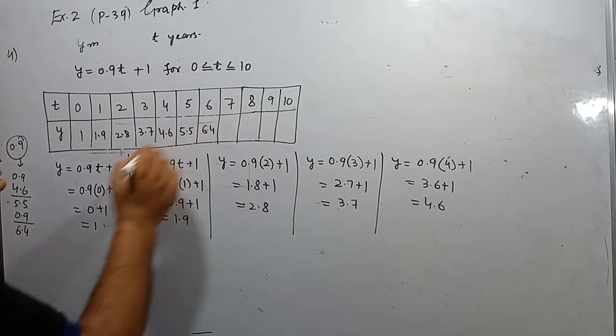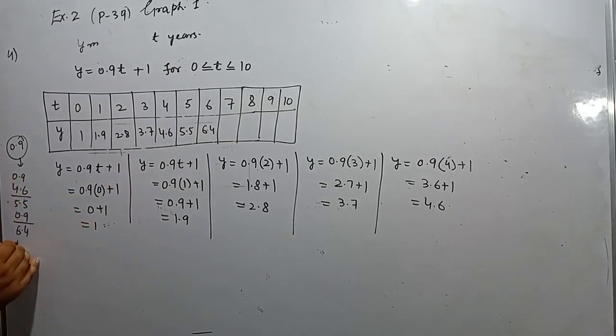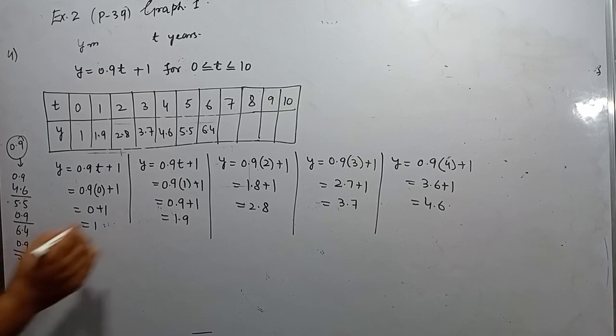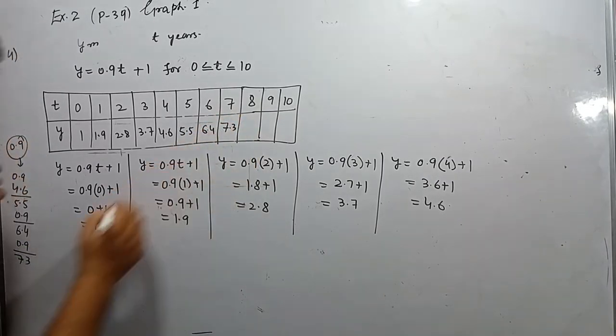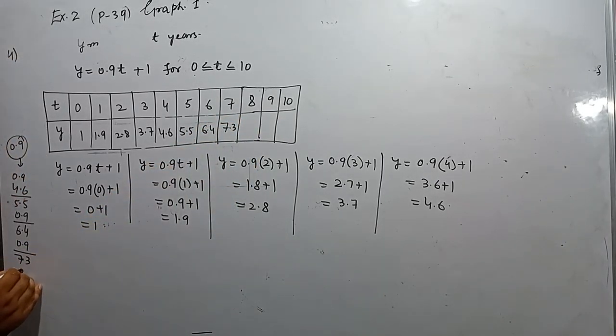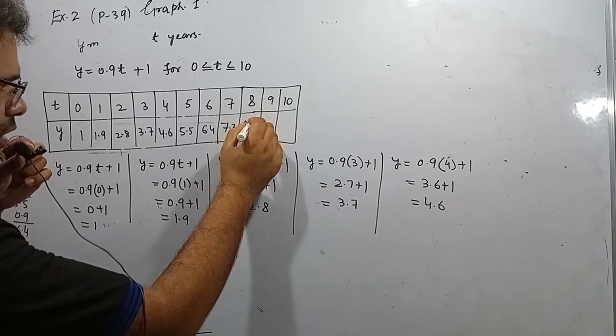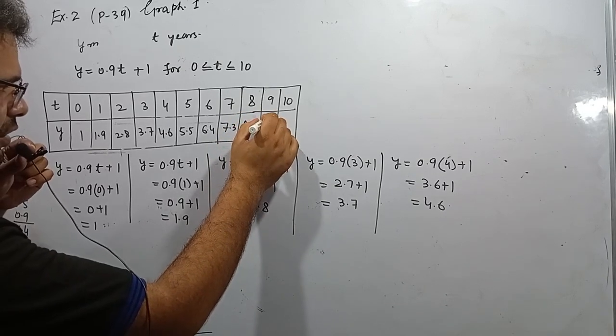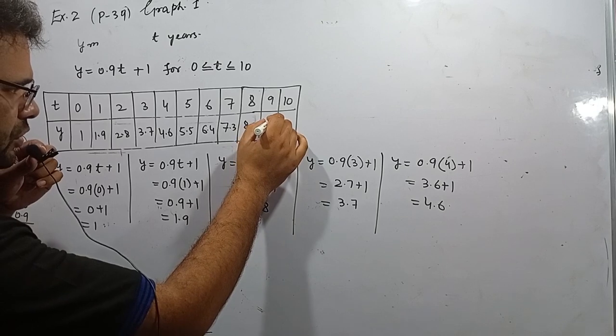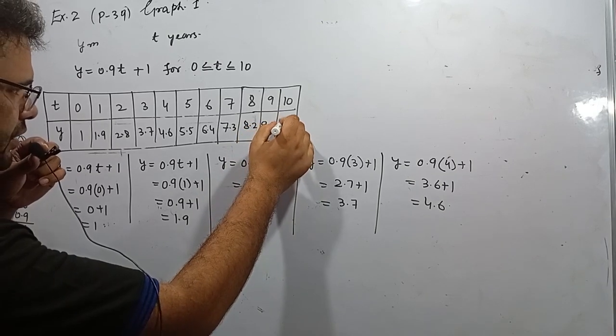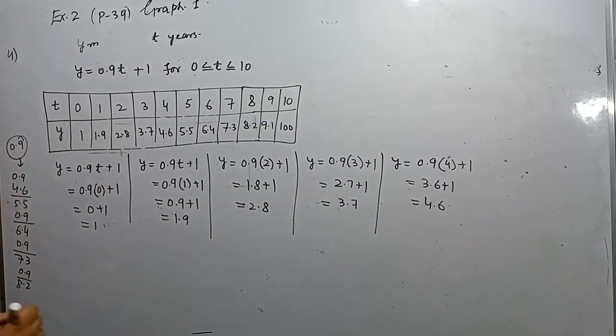I can write here 6.4. Then 6.4 plus 0.9, it is 7.3, so I can write here 7.3. Now 7.3 plus 0.9, it is 8.2. I can write here 8.2. Here I can write 9.1, and here I can write 10.0.